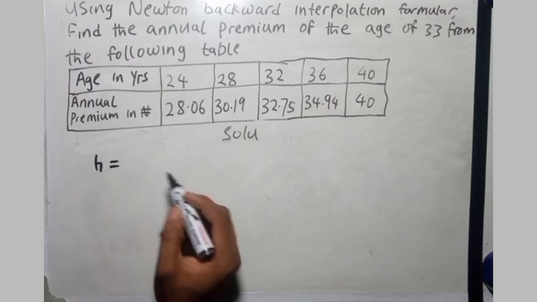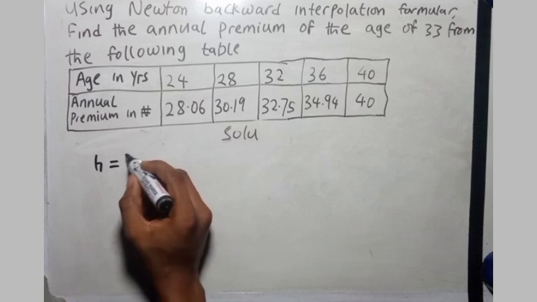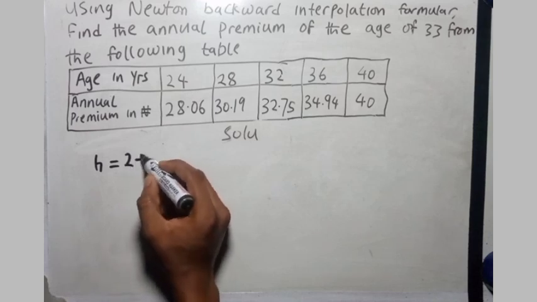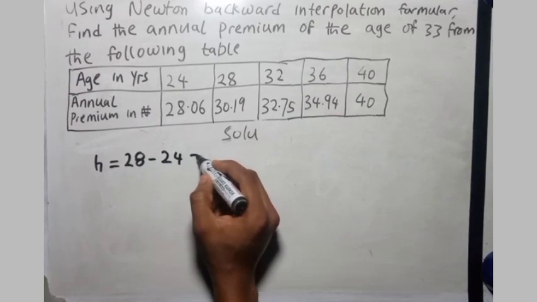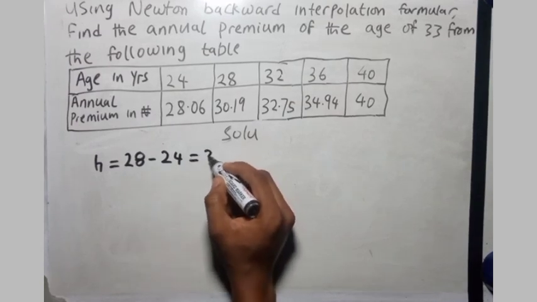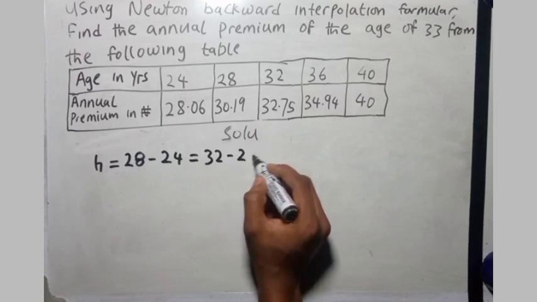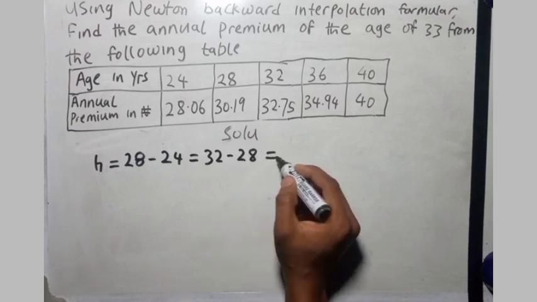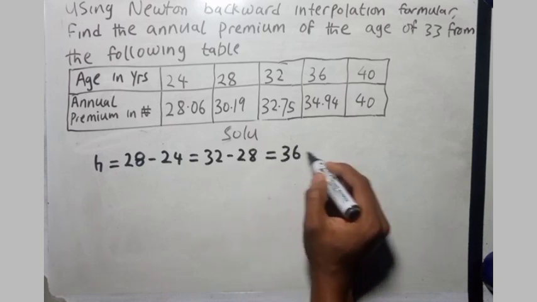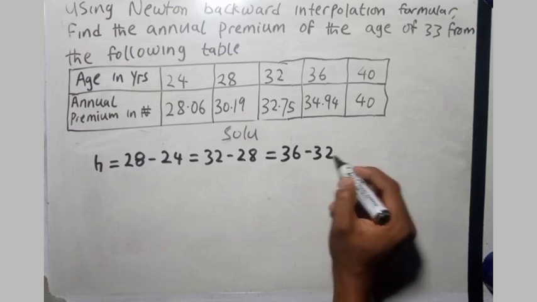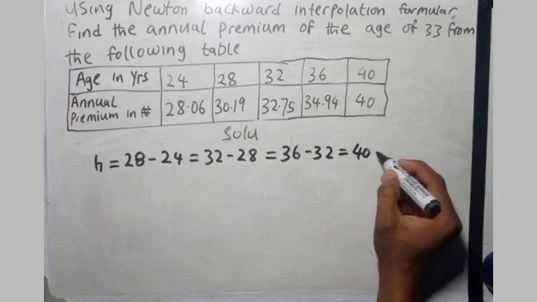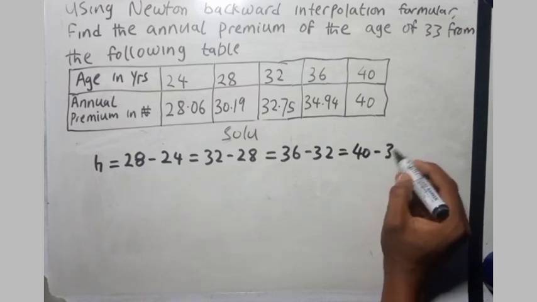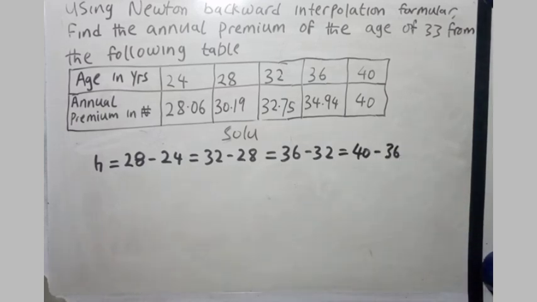It's meant to be 28 minus 24, and it's also supposed to be equal to 32 minus 28, also equal to 36 minus 32, and similar to 40 minus 36. So let us check each of them.